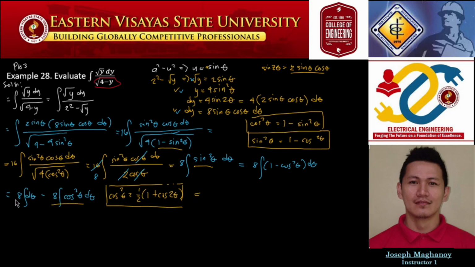If we integrate 8 integral of d theta, that is 8 theta already. Minus 8 integral, we replace cosine squared with 1/2 quantity 1 plus cosine 2 theta, of course our d theta. So we cancel out 8 with 1/2. It will become 4.